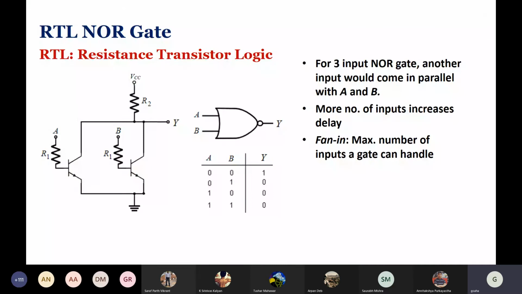Now I come to something which really existed, which was not just a thought experiment. Earlier we had seen the circuit that was working as a NOT gate.